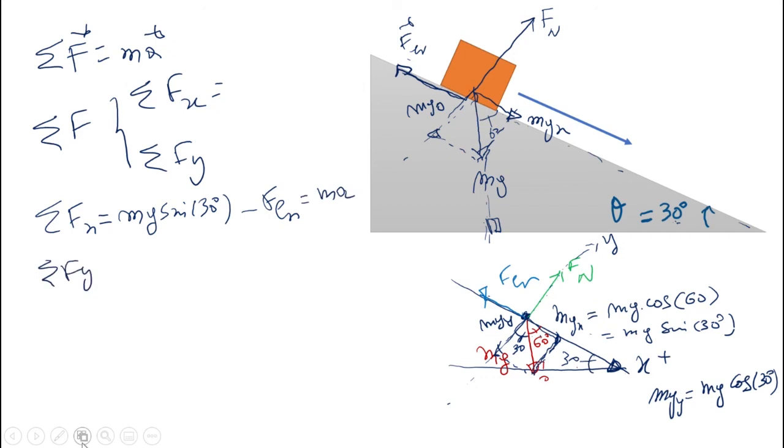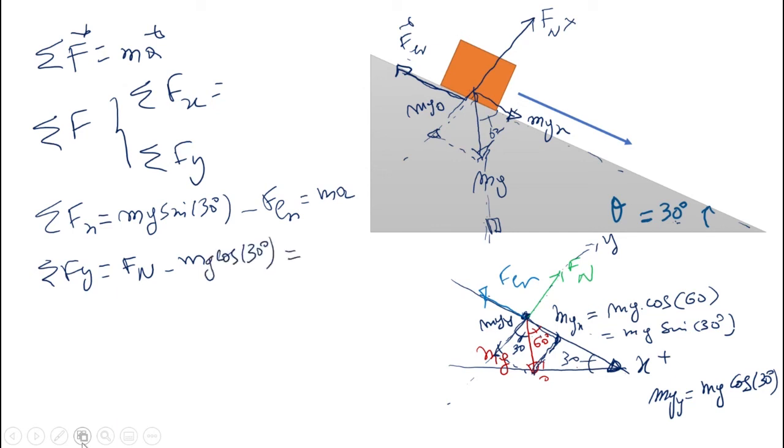In vertical direction, we have normal force minus mgy, because it's downward. This Fn is upward, is positive. Mg is downward, is negative, mgy. Mgy, we said, is mg cosine of 30 degrees.